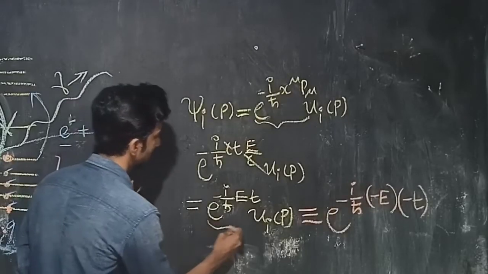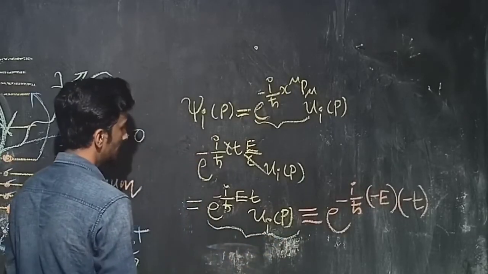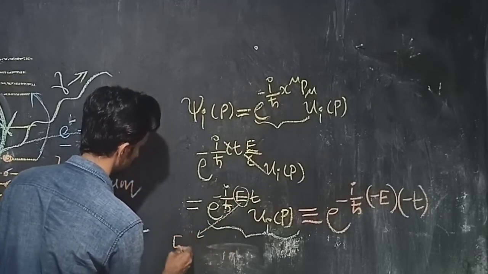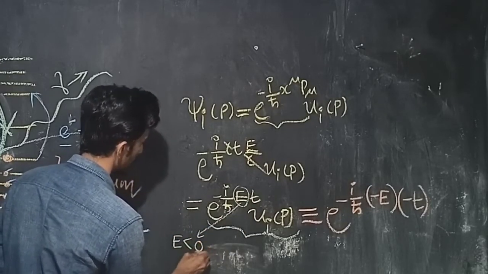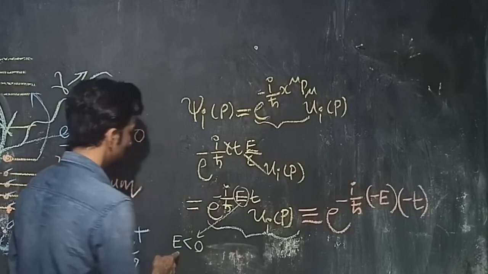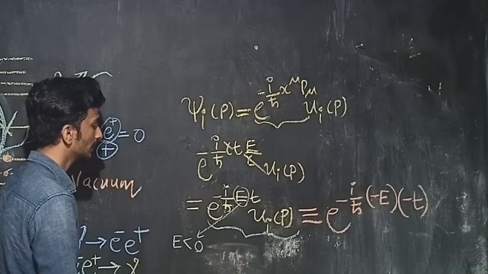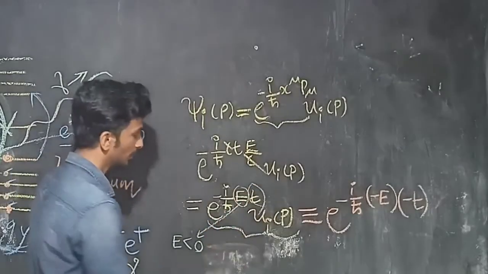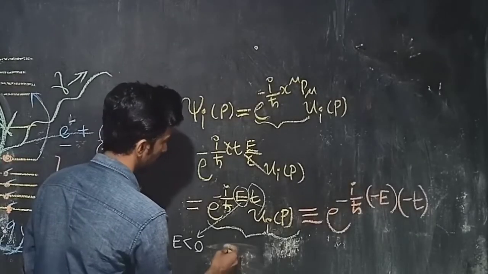Let me analyze this expression first. For negative energies, this E is negative, E is less than 0. And according to this interpretation, for E less than 0, that is for negative energies, time runs backward, or this t is also negative.